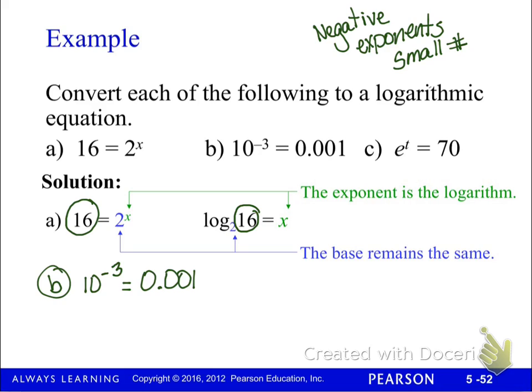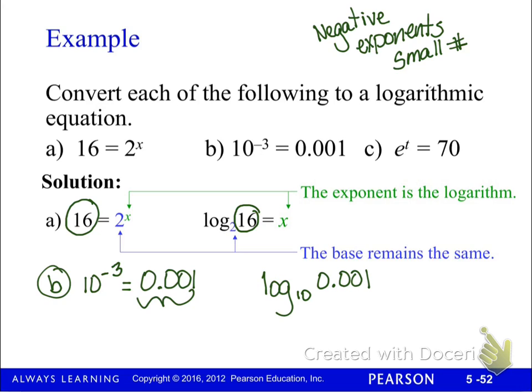like the width of a cell wall. Many of you will be taking chemistry next semester, and a lot of things in chemistry are going to use negative exponents. Okay? So our base is 10, so our base is going to stay the same. So we're going to have log base 10, and be sure you write that slightly down. This is our of. So log base 10 of 1,000th.